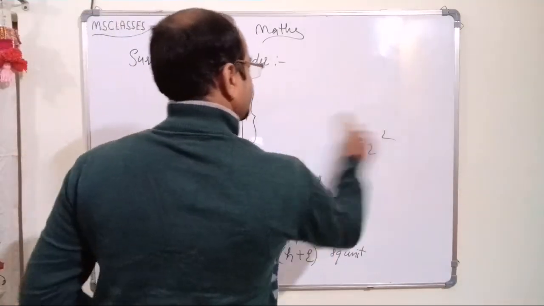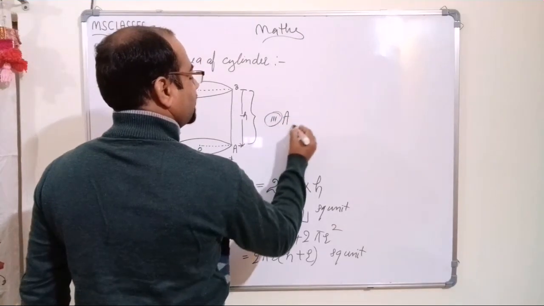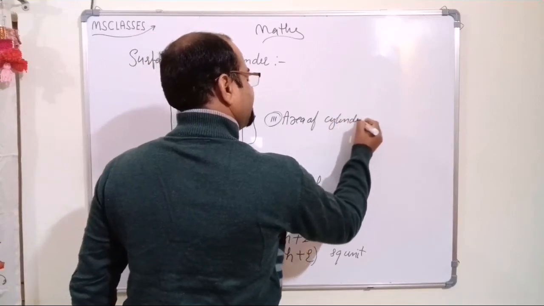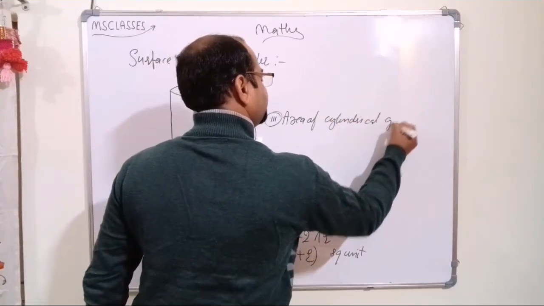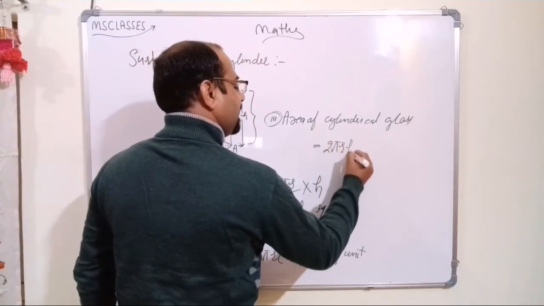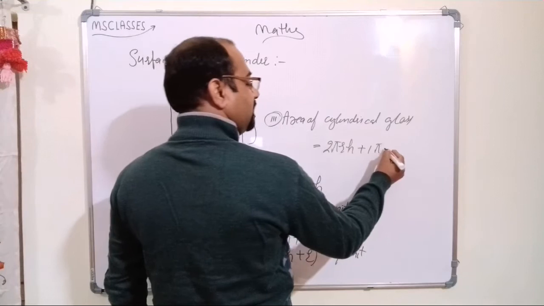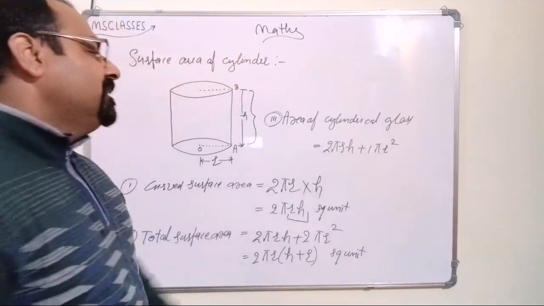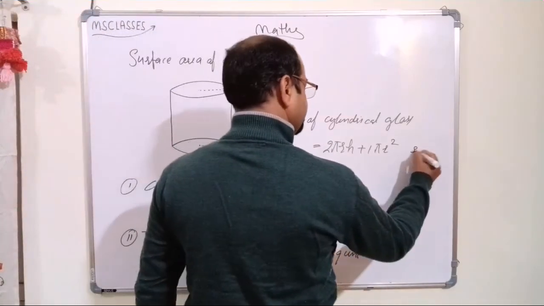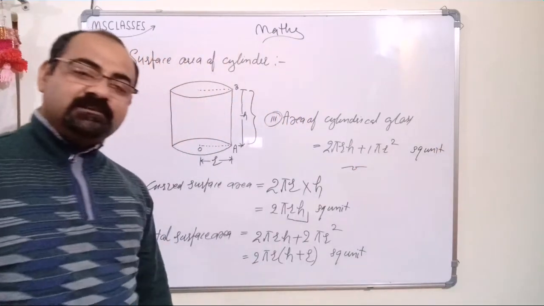This is a very important part: the area of a cylindrical glass is the curved surface area 2 pi r h plus one area of the circle pi r square. The unit is square unit.